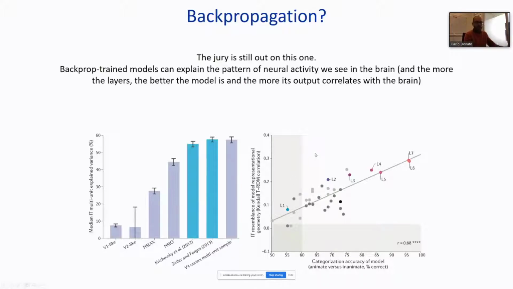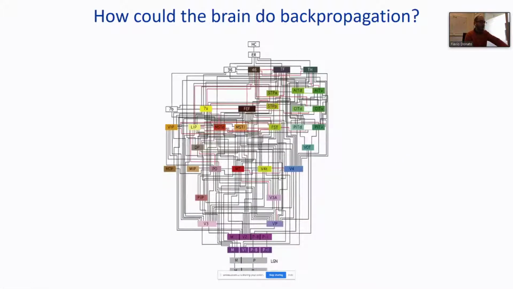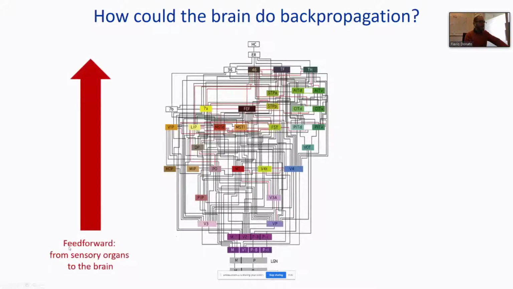How backpropagation might happen is actually quite ingenious and interesting. I've shown you this before: basically a graph of the cortical hierarchy. You have primarily sensory areas at the bottom and more cognitive areas like the hippocampus and the frontal cortex at the top. I've told you that connectivity goes from here up to here in a direct way. This is what we call the feed-forward pathway that goes from sensory organs to the brain.